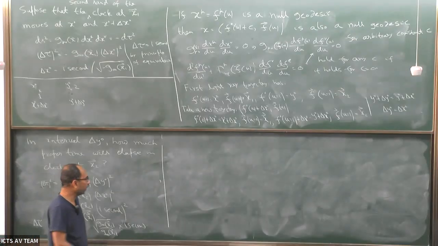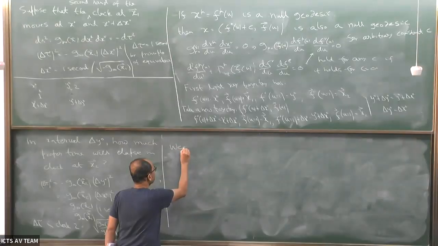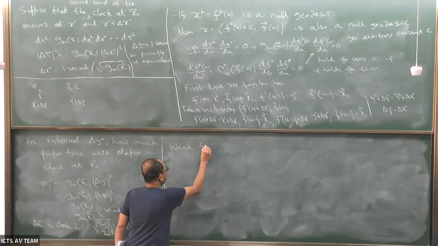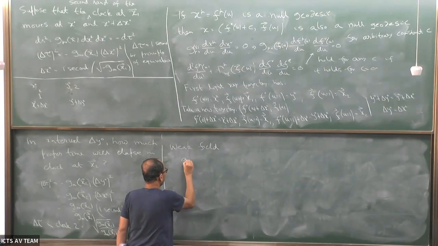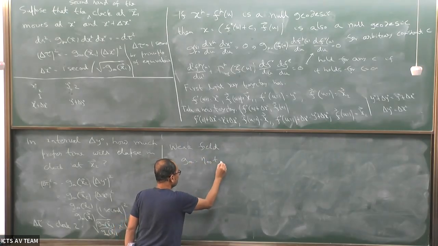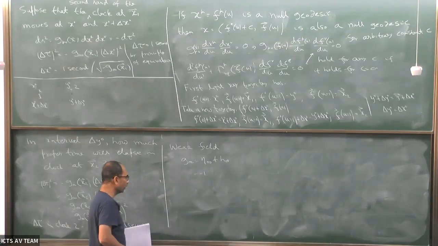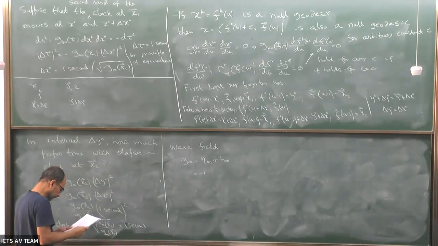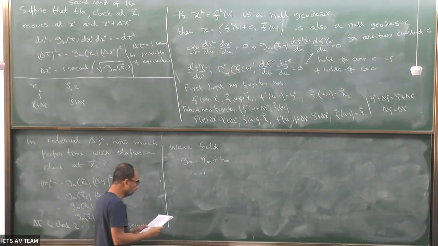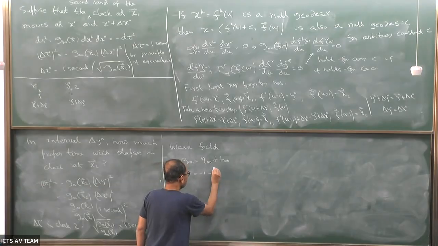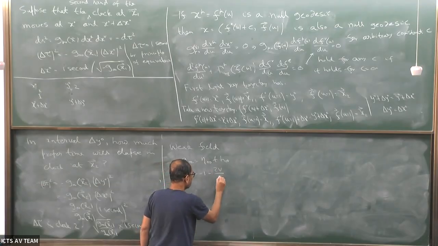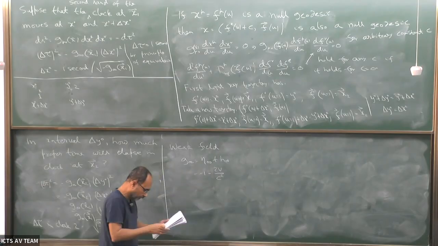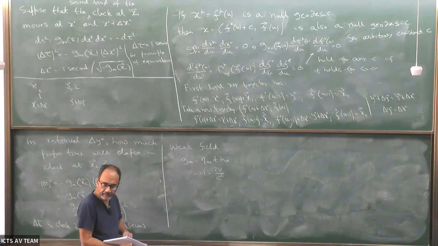So, weak field: G00 we wrote as eta 00 plus H00. Eta 00 is -1 and H00 is minus 2V over c square.